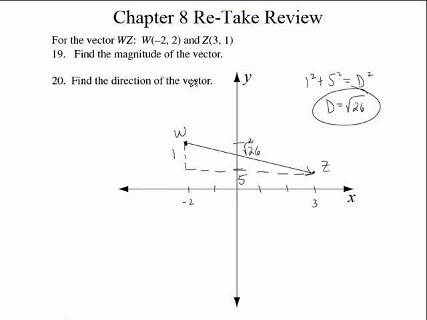Find the direction of the vector. Okay, this part is a little trickier. Find the direction. It goes here and it goes down like this. Now, if you remember, let's make this a different color. I'm going to make a new X and Y axis. Actually, I'm going to get rid of that, put it in a better spot right there. Let's just extend this out a little bit.